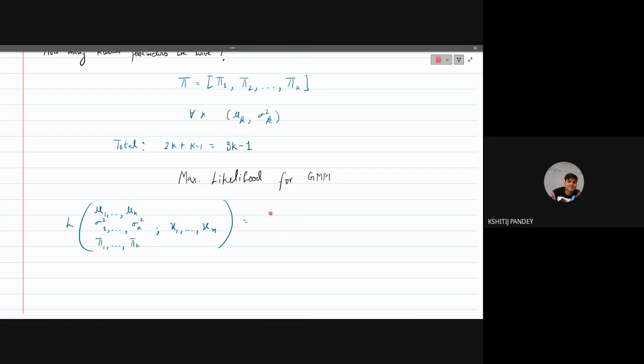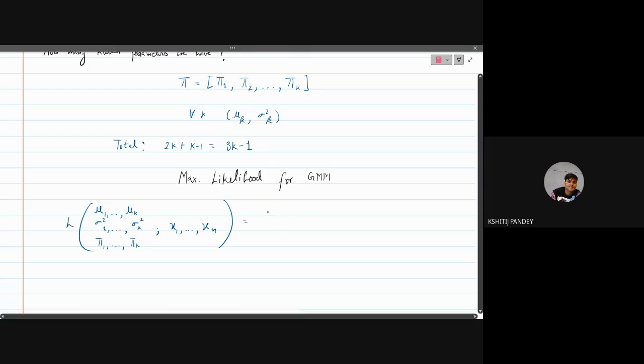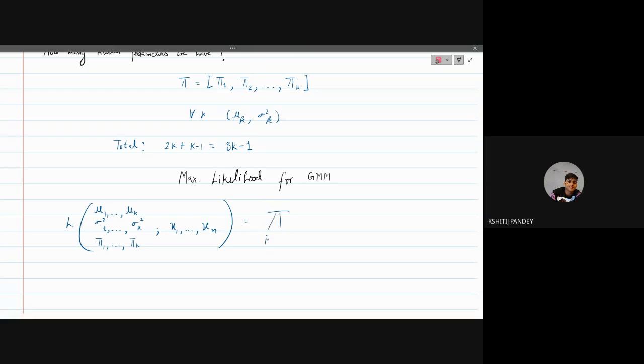So that will be equal to the product over i equal to 1 to n of the PDF of the GMM generating your ith point. I'll simply copy this from here.